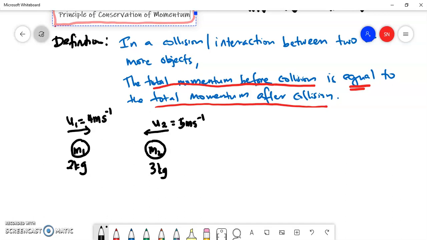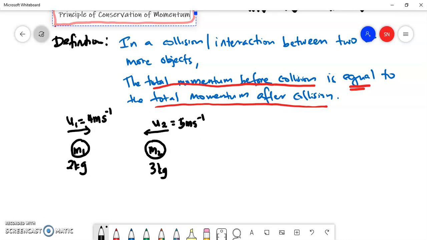Now these two objects are going to collide. They are moving in opposite directions. I've given you the masses m1 and m2, 2 and 3 kg. U stands for initial velocity. u1 is the initial velocity of the first object, u2 is the initial velocity of the second object.